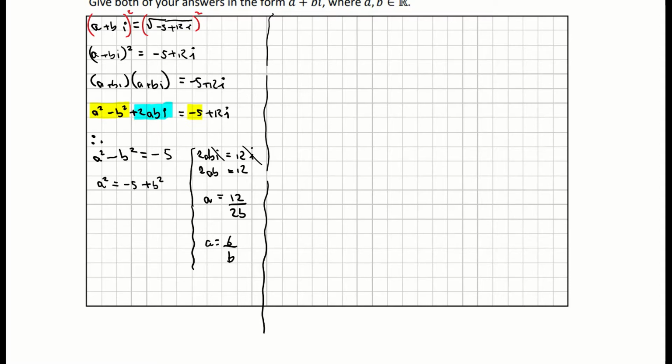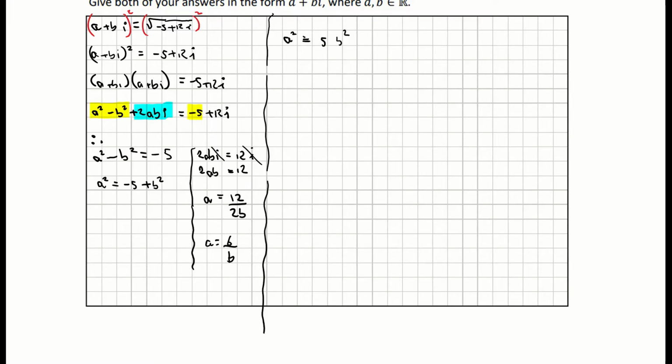I'm going to sub in my value for a into the real part. So I have a squared equals minus 5 plus b squared. And what I'm going to do is sub in my 6 over b for a.